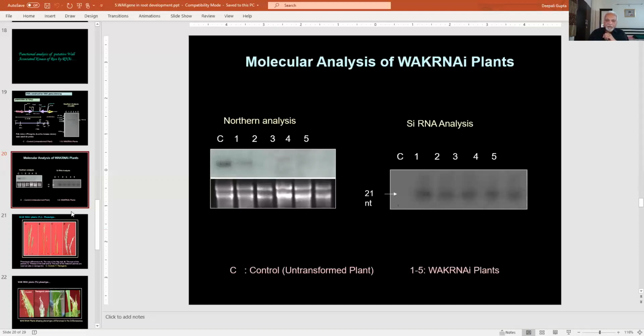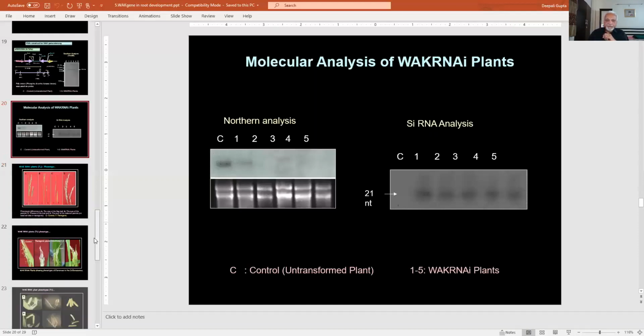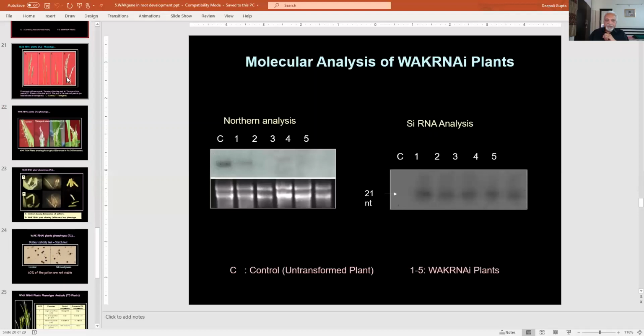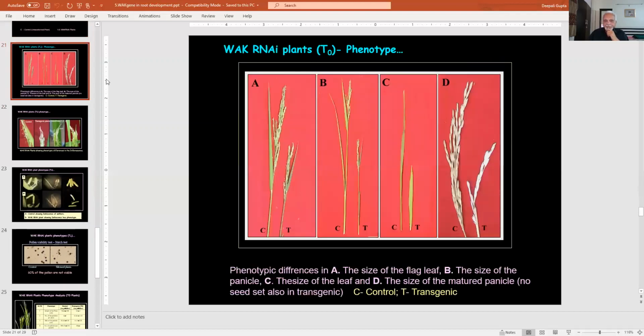Okay, now if that is true, then what is happening? So in the T0 plant, T0 means the tissue culture regenerated plants were looked at, and you can see this is the control plant inflorescence, and this is the transgenic line.